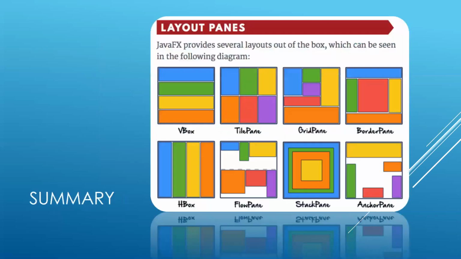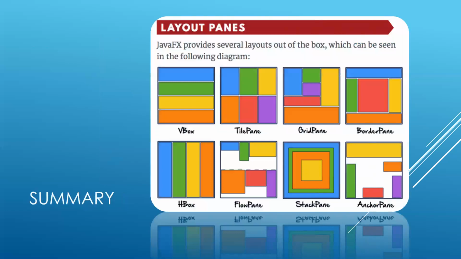So here's a summary of a lot of the different pane types that are available in JavaFX. The VBox is not a pane, it is a container. With a VBox, I'm saying I'm just going to organize things just like a stack pane. They're going to be stacked in a vertical stack.